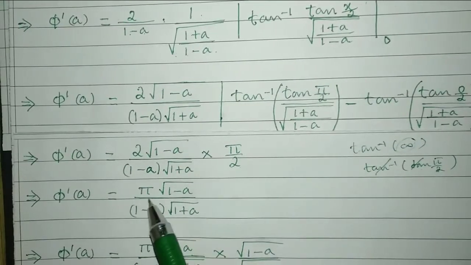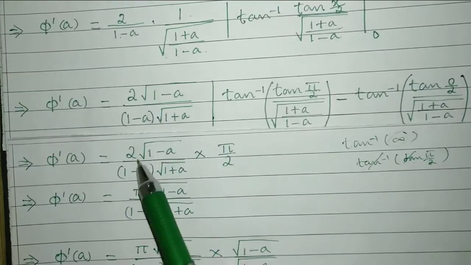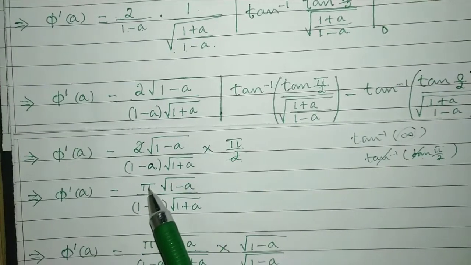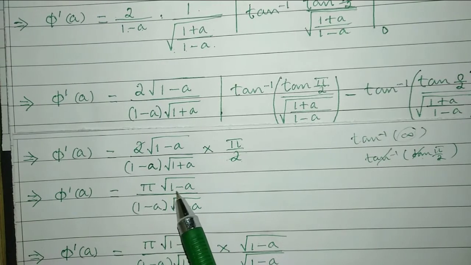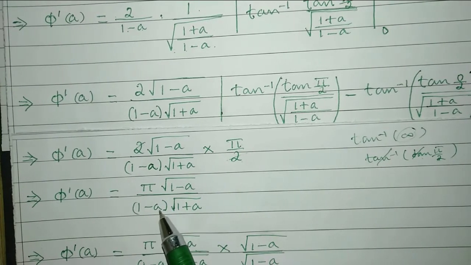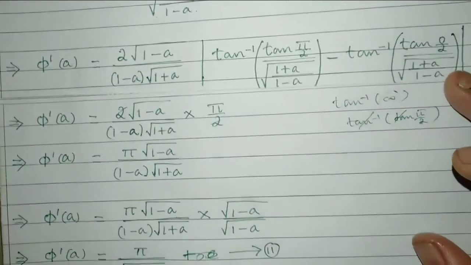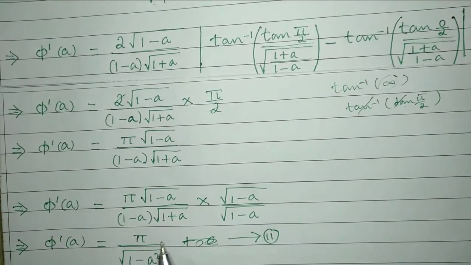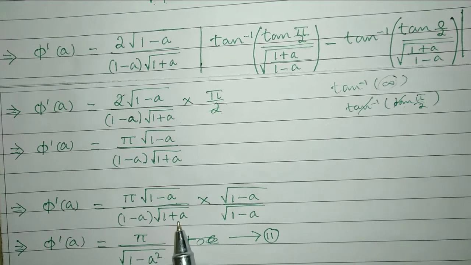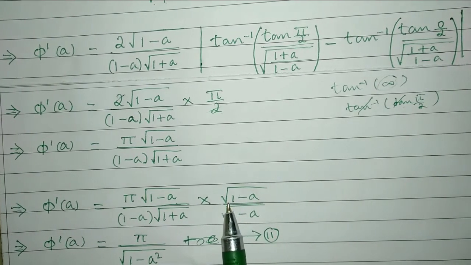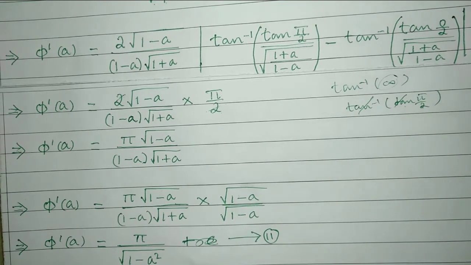So now this can be cancelled with this, and you have pi times root over (1 minus a) by (1 minus a) into root over (1 + a). Then you rationalize the denominator, multiplying numerator and denominator by root over (1 minus a).